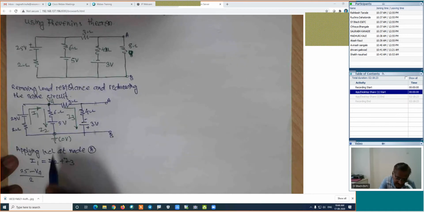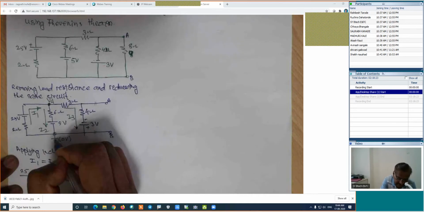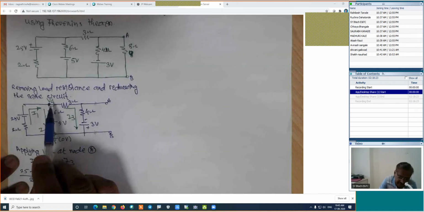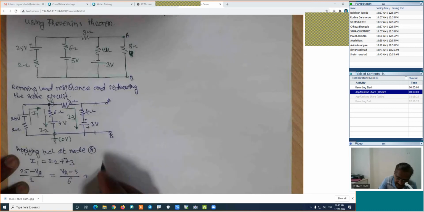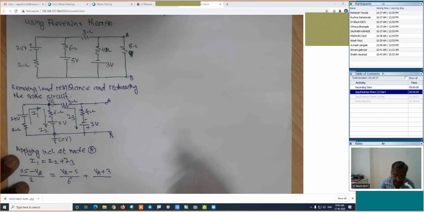I2 is the current in this vertical branch: VA minus 5 divided by the resistance of this branch, which is 6. Plus the current in this branch: VA plus 3 divided by the resistance of this complete branch, which is 4 plus 3, 7.